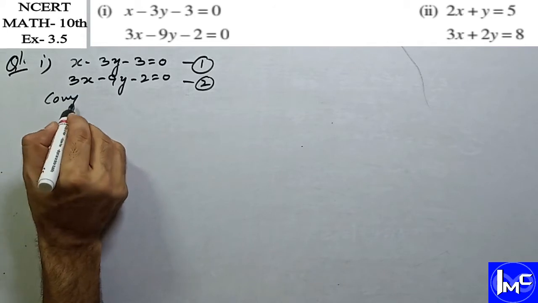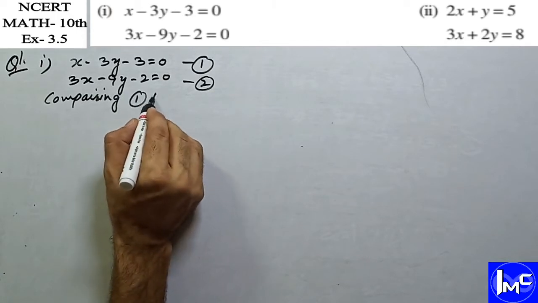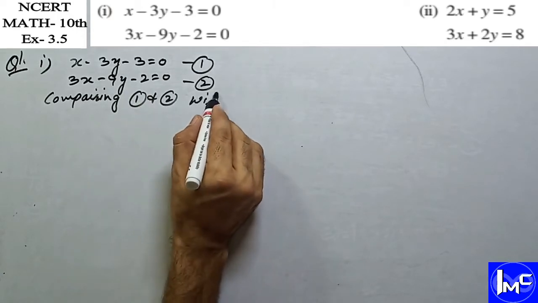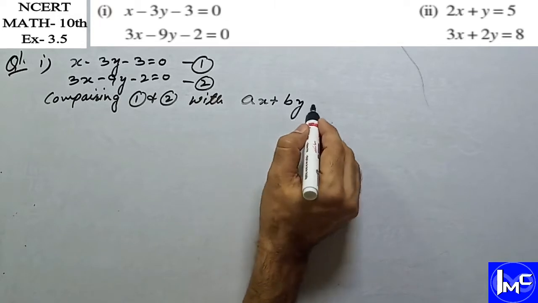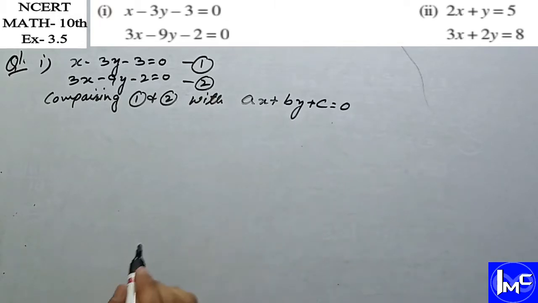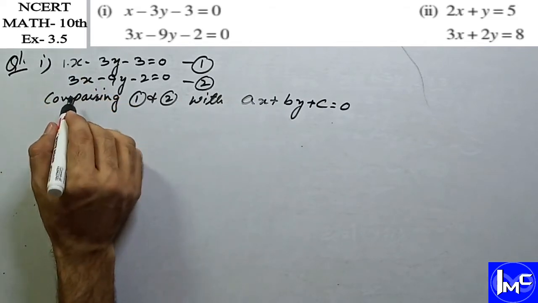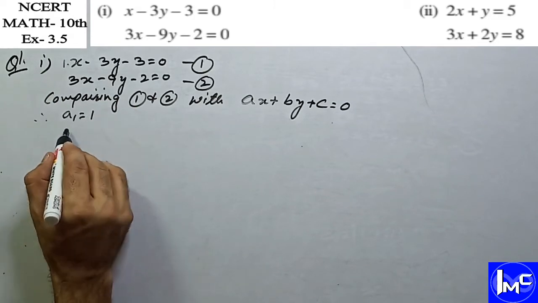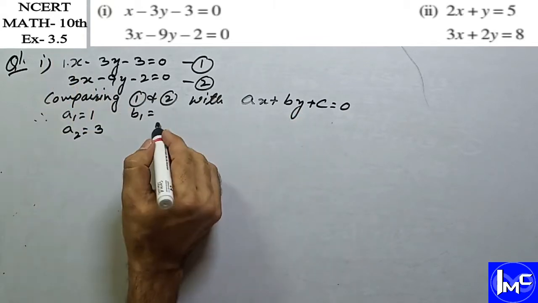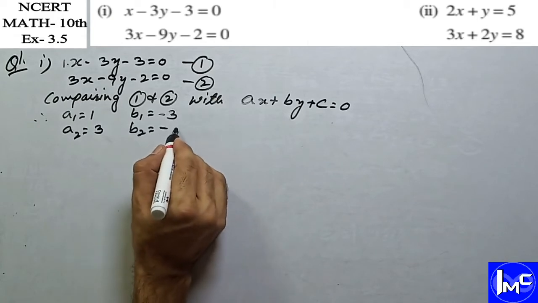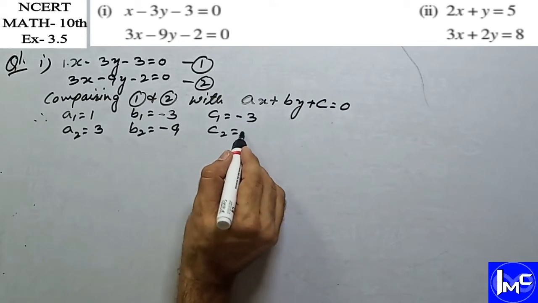Comparing equations 1 and 2 with ax plus by plus c is equal to 0, we get the coefficient of x as a, and here the coefficients of x are 1 and 3. So a1 is 1, a2 is 3. b1 is the coefficient of y, that is minus 3, and b2 is minus 9, and c1 is the constant term, that is minus 3, and c2 is minus 2.